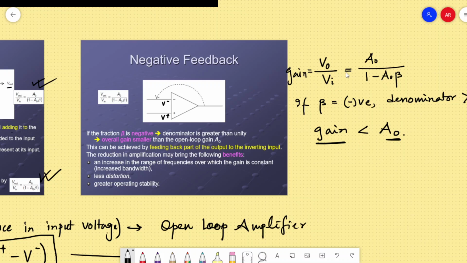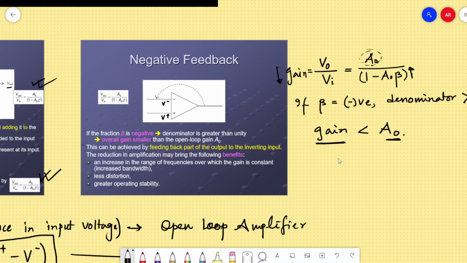Can you relate it with this equation? If beta is negative, then this denominator is going to be greater than 1. It is going to be increasing. If it goes up, this will go down. Then this gain is going to be less than the open loop voltage gain. So the gain is going to be smaller than A naught.